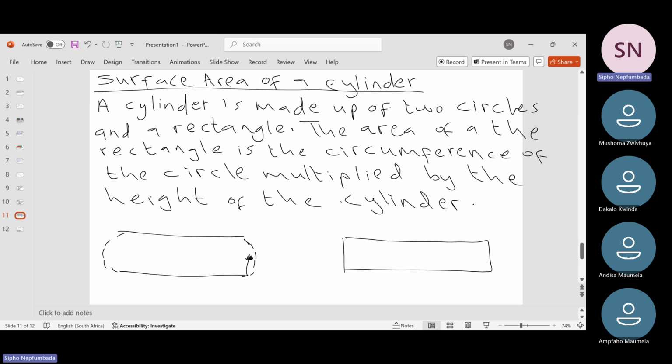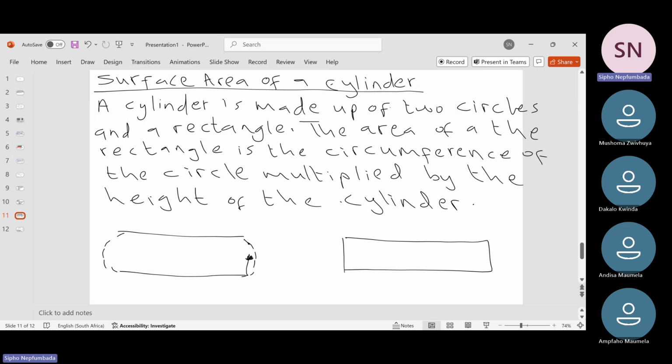So a cylinder is made up of two circles, top and base, and one rectangle, the curved surface. Surface area is the area of the top circle plus the area of the base circle plus the area of that rectangle.